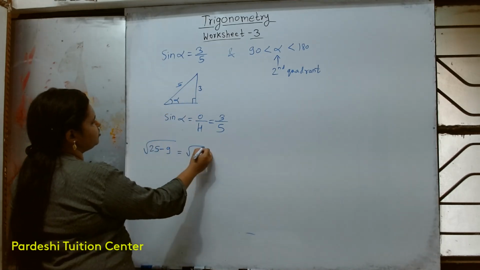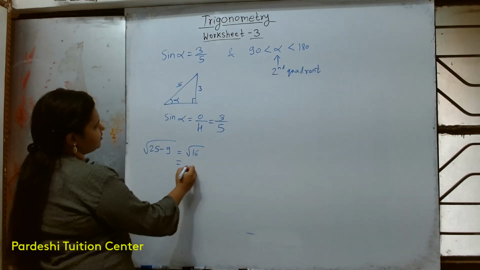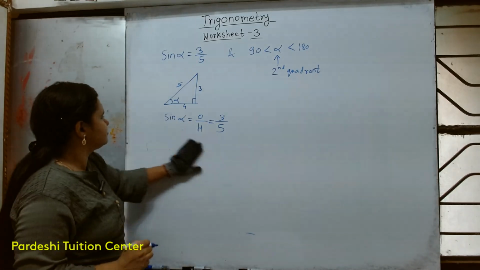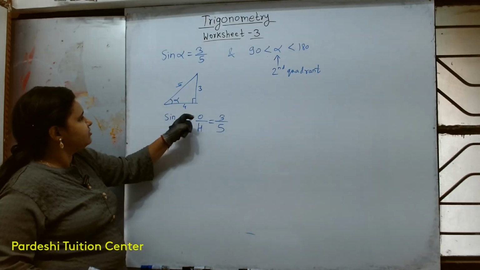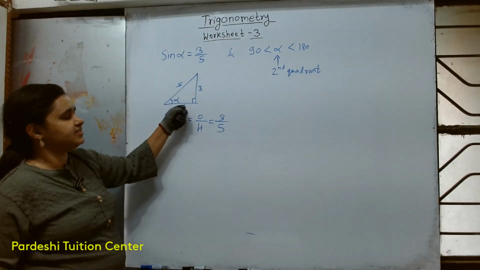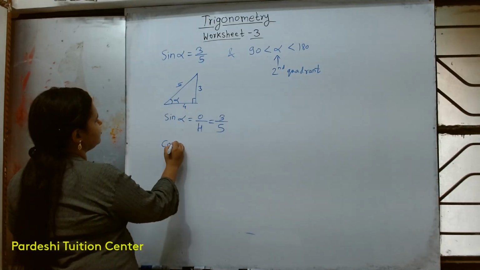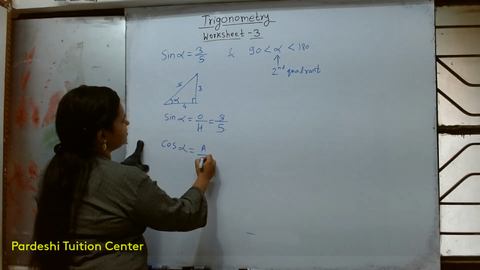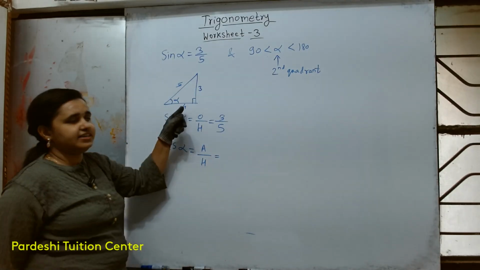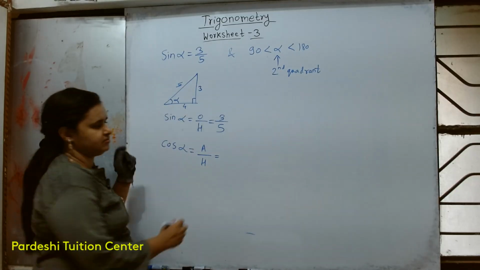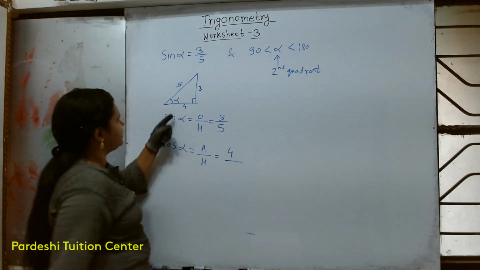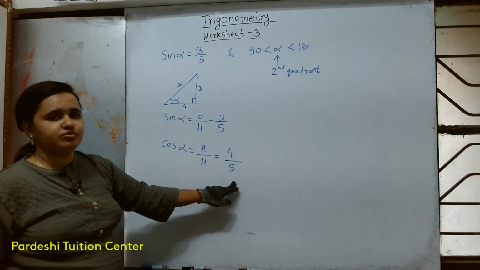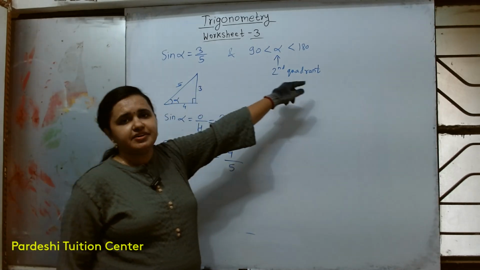So it will be root 16, so it will be 4. So this side will be 4. Now we can calculate cos alpha, which is adjacent upon hypotenuse. The adjacent side of alpha is 4 and the hypotenuse is 5.